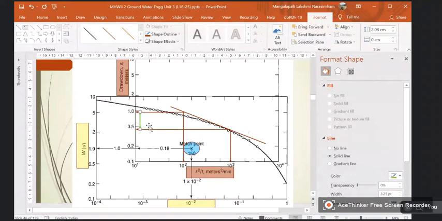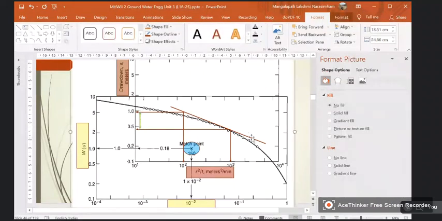Now what I have done is, the curve which is shown here is S versus T. Forget about this R square by T. It is not R square by T, but it is only T. So X axis is T, and Y axis is drawdown small s. And these are our plots.